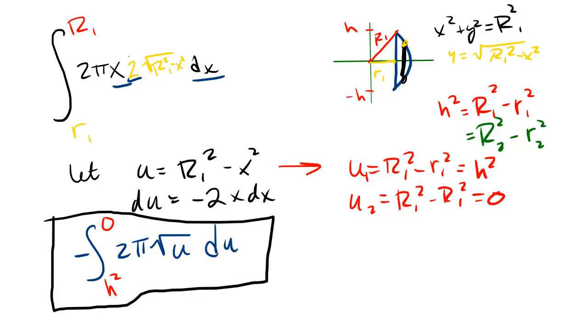But the question was, which one is bigger? And at this point, notice that u is a dummy variable. It's going to go away after I take this integral. All that's left in my bounds are h and 0. There are no more r1s. There are no more r2s. And all these calculations, if I replace the 1s with 2s, I get the same thing.